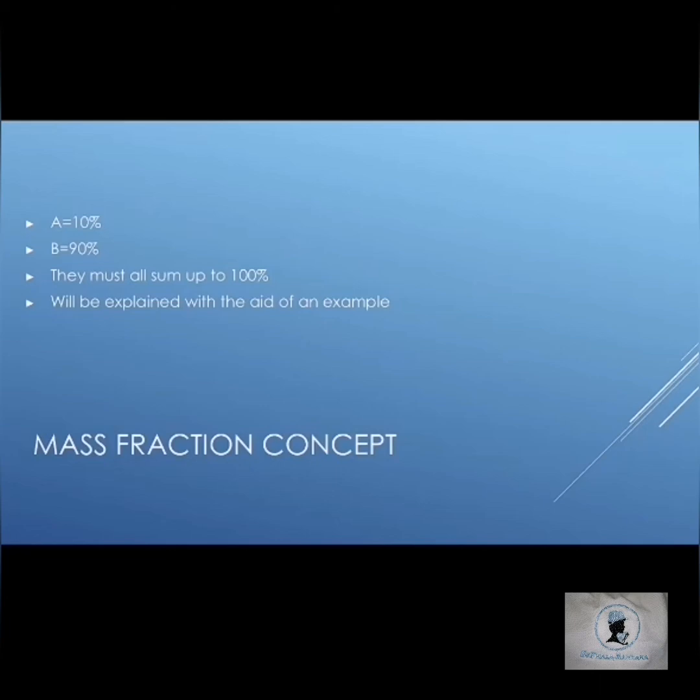If we have different components or materials flowing in that stream, they have to add up to 100%. I will do an example on this, I promise you, so that you get to understand, because I can't explain it without the aid of an example.